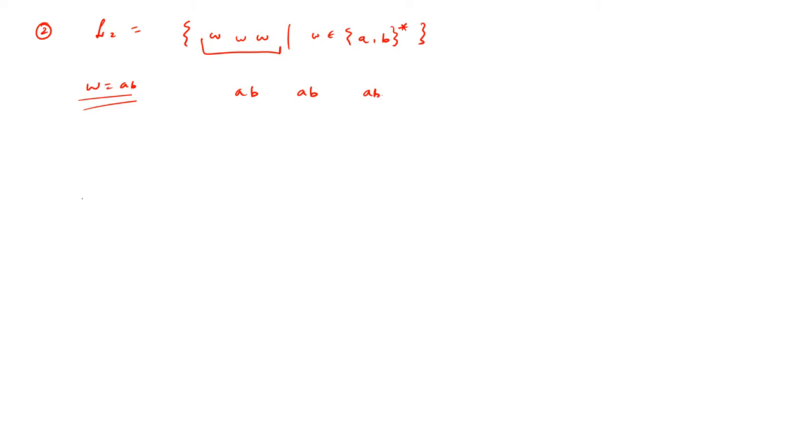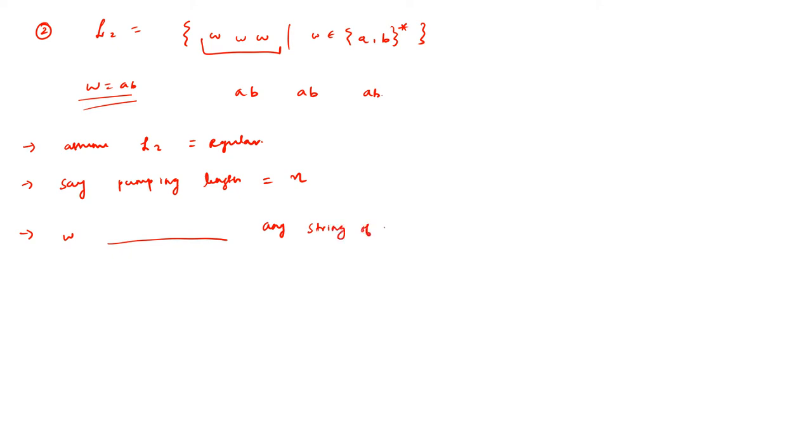Maybe I'll give you a scheme of the proof, then you fill in the dots for me. The first step is to assume L2 is regular, and let's say the pumping length is n. Now you will take a string w of whatever form you want, any string of your convenience, but this string should necessarily belong to language L2.